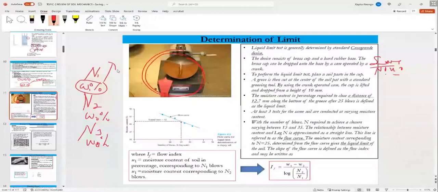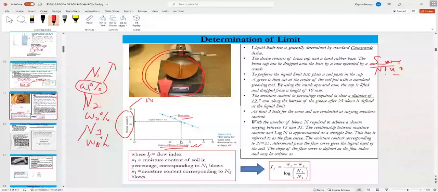By now, you know that. I'm going to plot blows N in log scale and the water content in natural scale, right? A straight line, known as the flow curve. Okay. Then go to 25 number of blows.